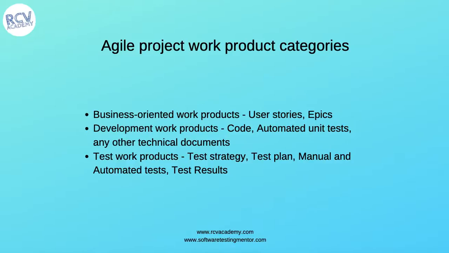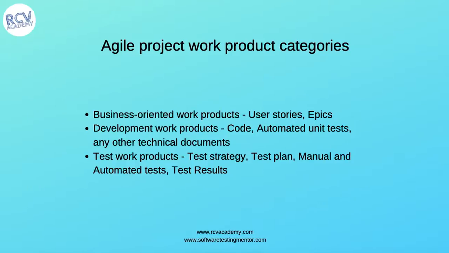It's not a massive piece of documentation as it used to be. The test strategy and test plan in Agile projects just capture the relevant information that is required for that particular project duration, and no other unnecessary information.